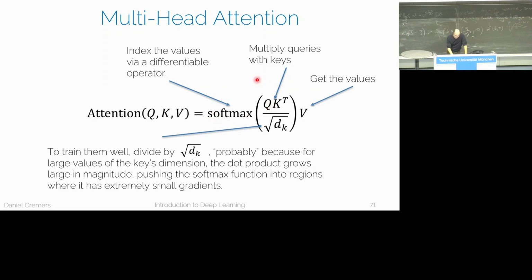And then you do a softmax, and what that does is it's a column-wise softmax. So the formula looks easy, but the devil is in the detail. This is a column-wise softmax, so over all keys for a given query, such that this ends up being a normalized probability, right? So all the previous words can have a say on whether they have anything to do with the query. And then you want to normalize such that you can talk about probability. This is the most likely one, this is the least likely one, right?